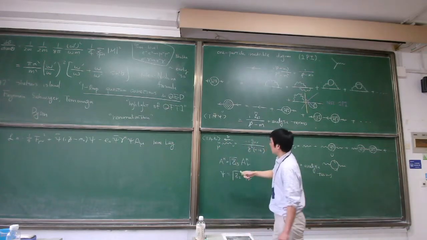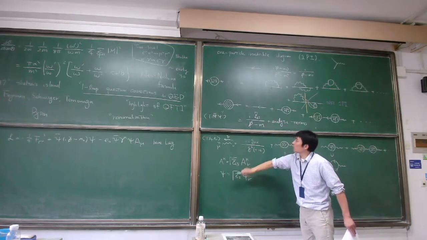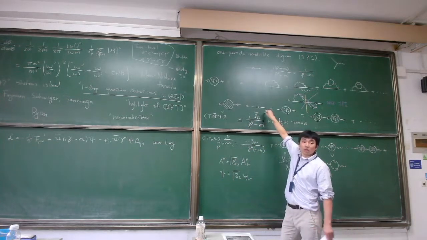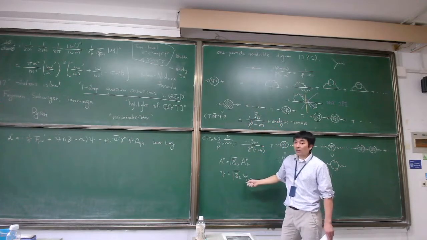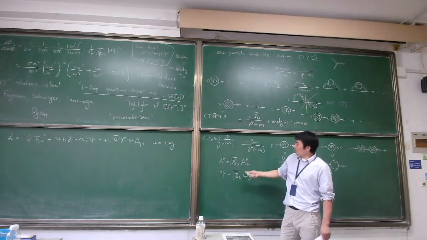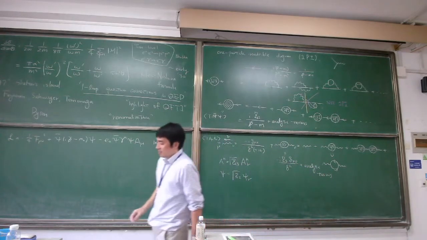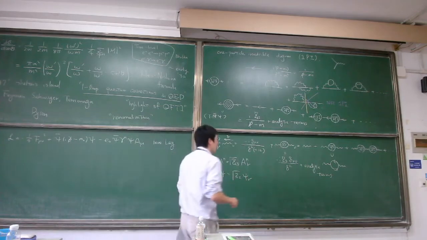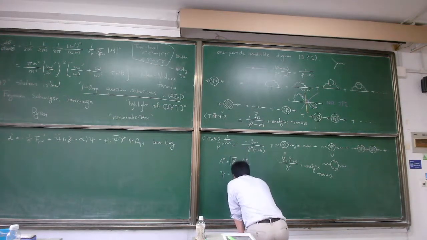You can cancel this Z2 with this Z2 if you use the psi bar. Sometimes this Z2 is called wave function renormalization, whichever it's called.